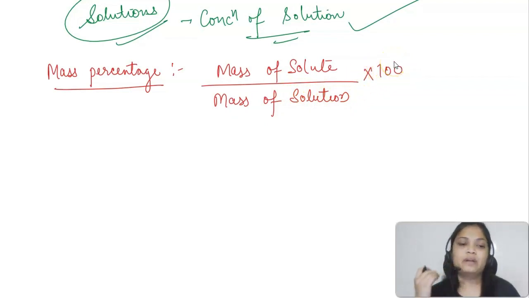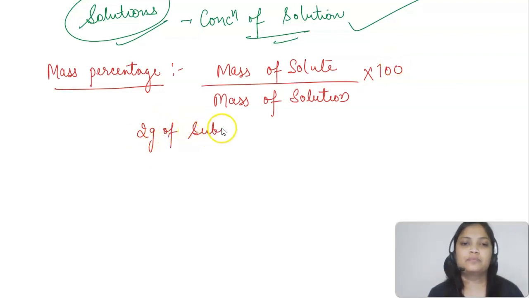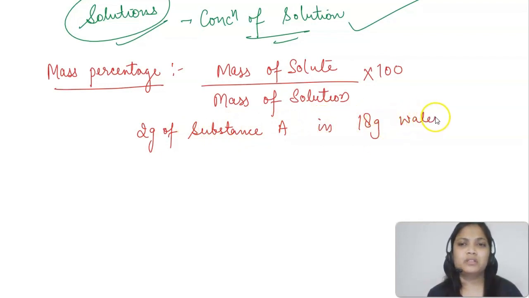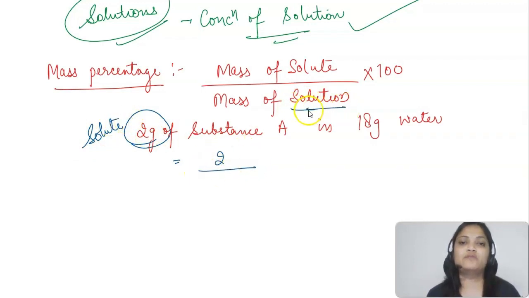Okay, for example, let's say I am having 2 grams of substance A, which is dissolved in 18 grams of water. Can you calculate the mass percentage? Do it quickly, it will take hardly 1 minute, okay. So what will be here? It's the solute. The mass of solute is 2 grams. So I'll take 2 in the numerator. Mass of solution.